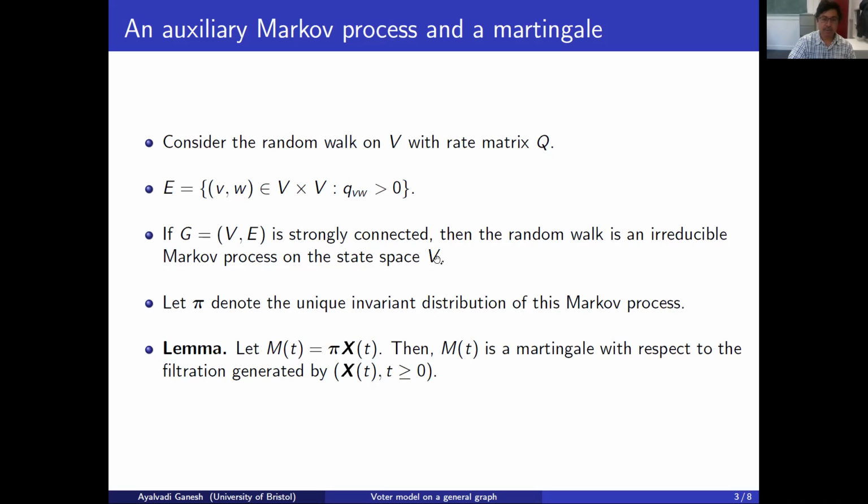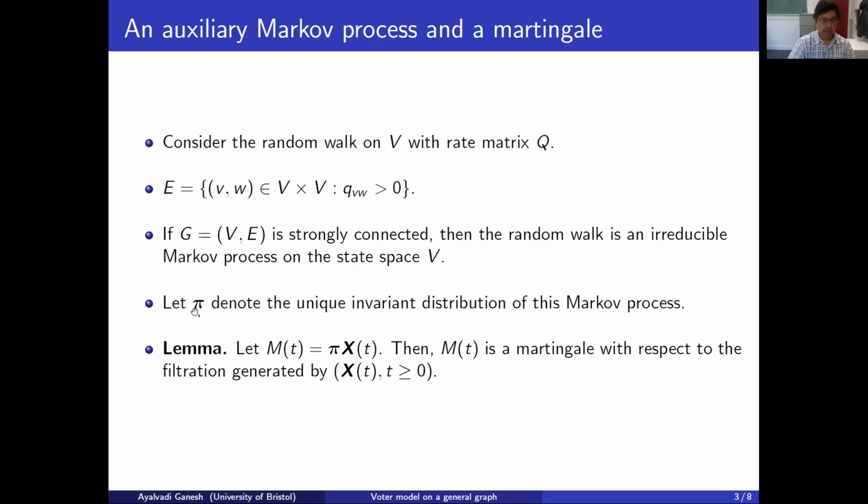It is irreducible, so the invariant distribution is unique. And so let's denote by pi the unique invariant distribution of this Markov chain. I'll use the terms Markov chain and Markov process interchangeably.